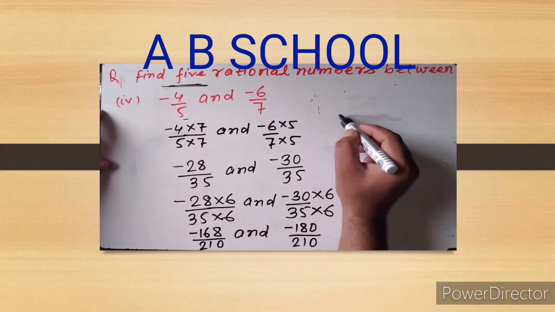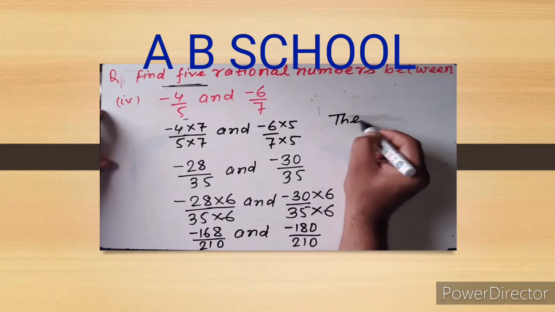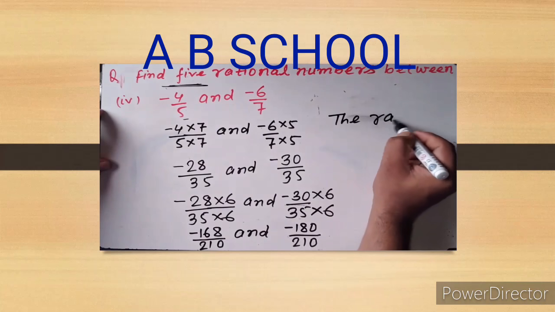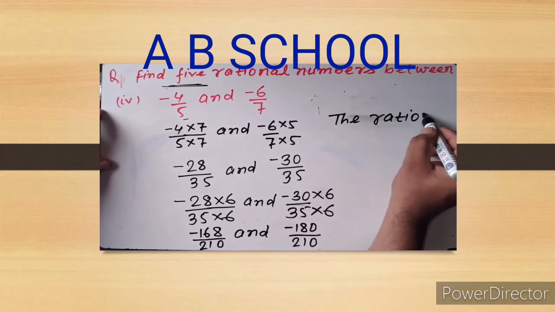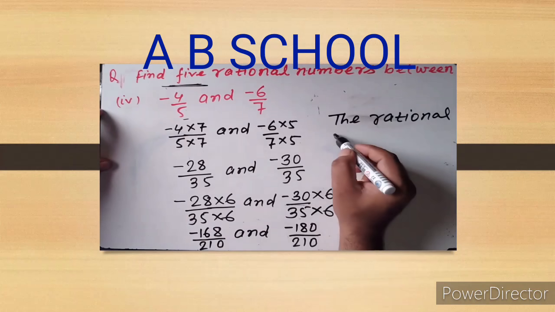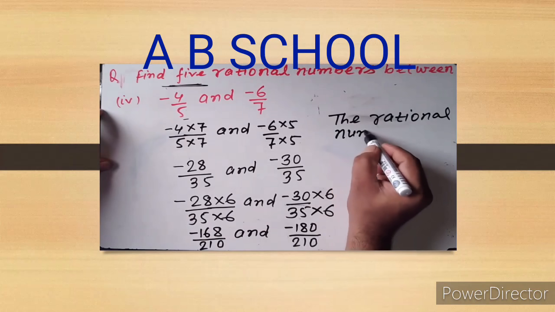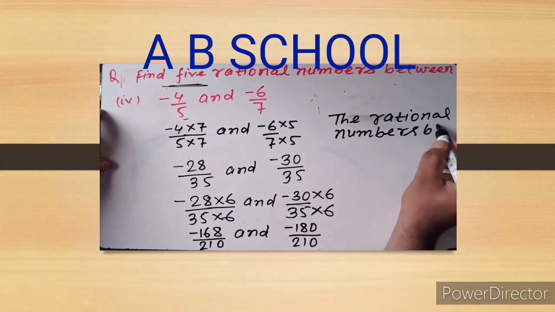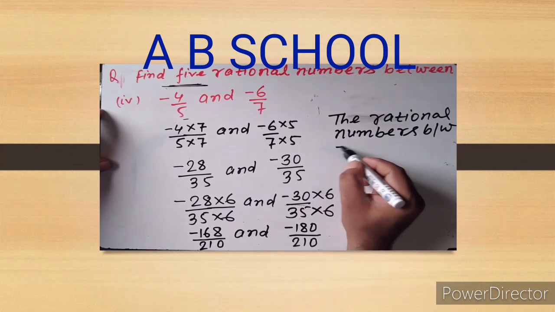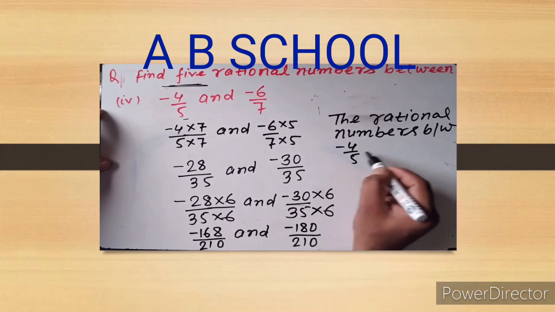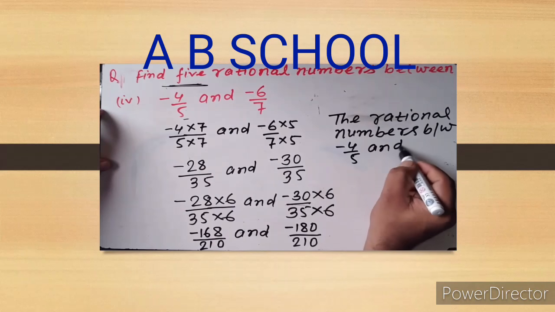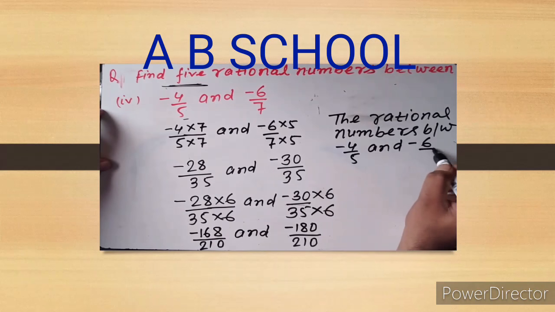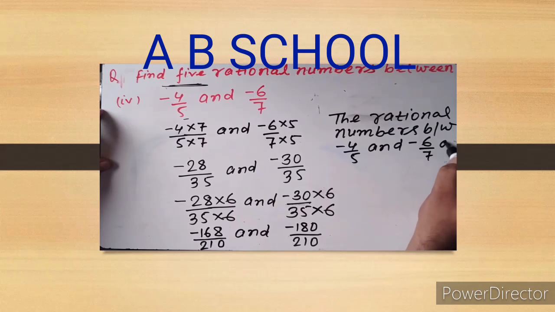So we will write the rational numbers between -4 by 5 and -6 by 7.